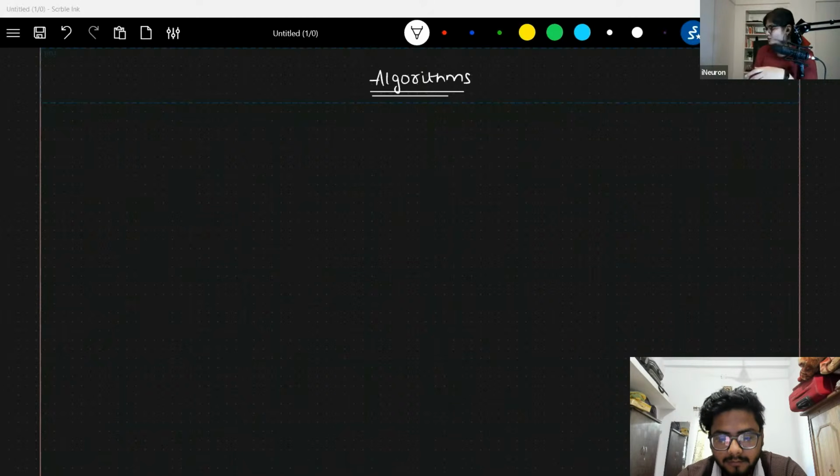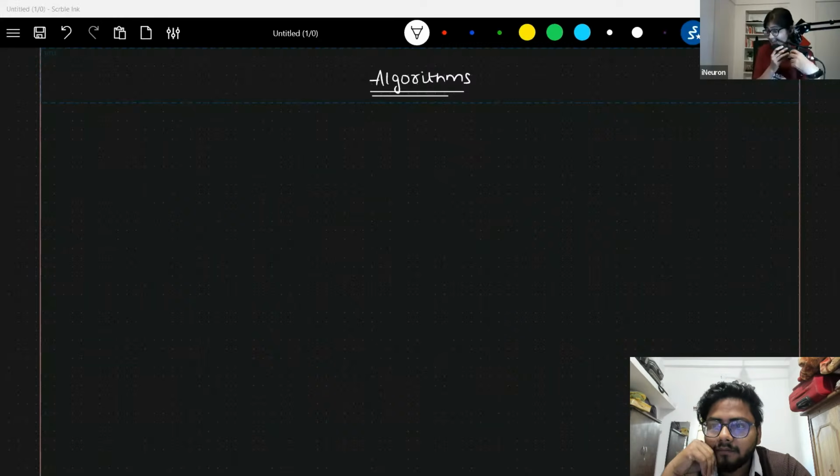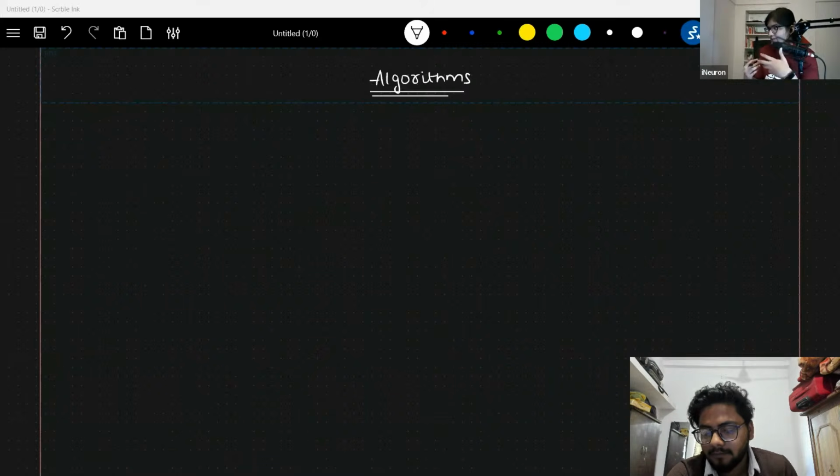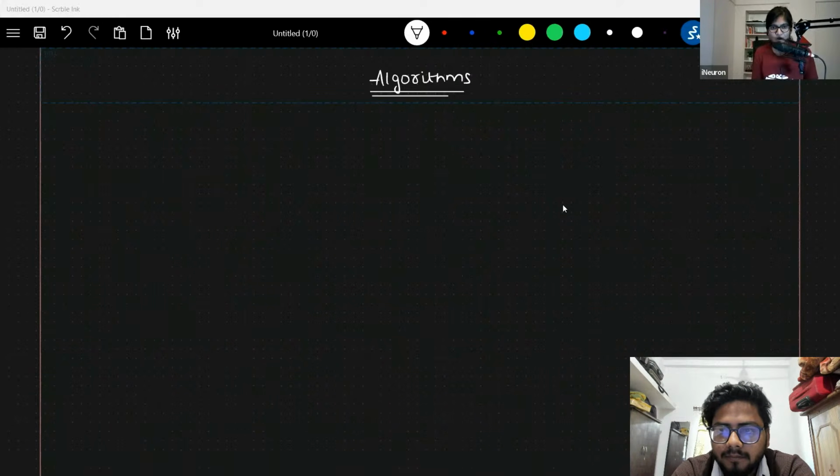So whatsoever definitions you guys gave to me about the algorithms, it's all correct. So basically, what is an algorithm? It's a sequence of steps which is basically used to perform some specific task. So whenever we hear this word algorithm, it is a sequence of steps.